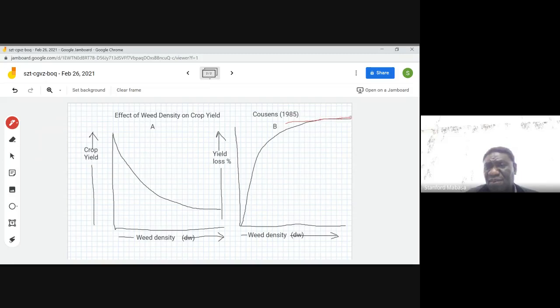This point, which we can represent by A, is known as the maximum yield loss. Then we have a slope which is here.